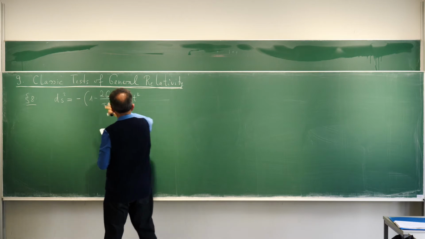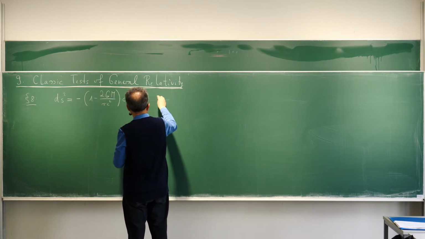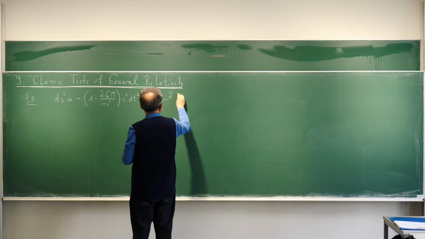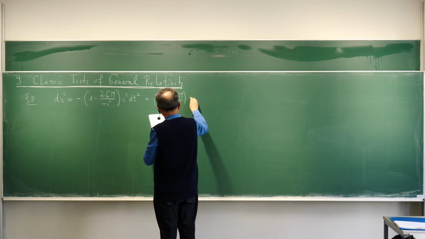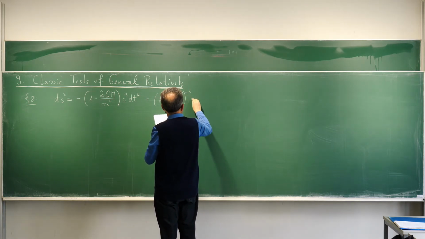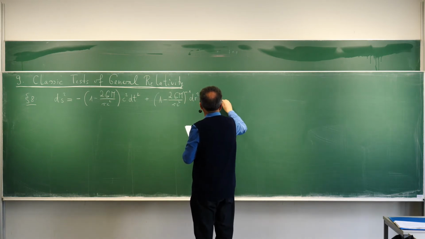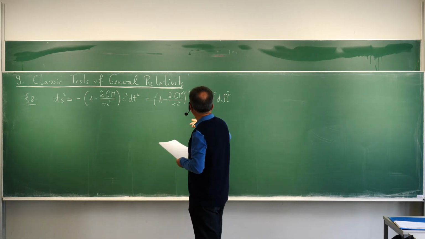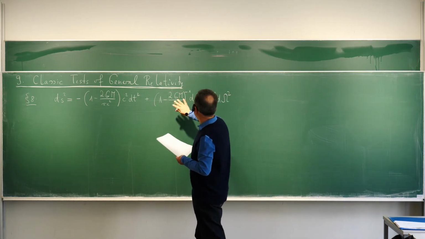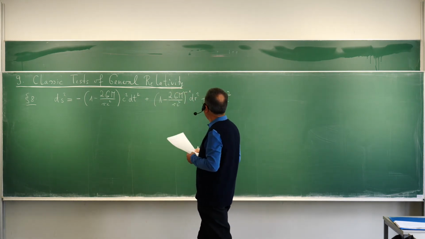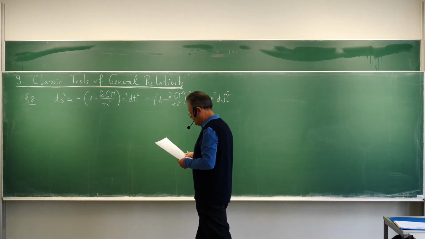So that's the temporal part, and then we have the spatial part, which is the inverse of that, so (1 minus 2GM over r c squared) to the minus 1 dr squared plus r squared d omega squared. And this here is dimensionless, and it's the ratio of the Schwarzschild radius, 2GM over c squared, over r.